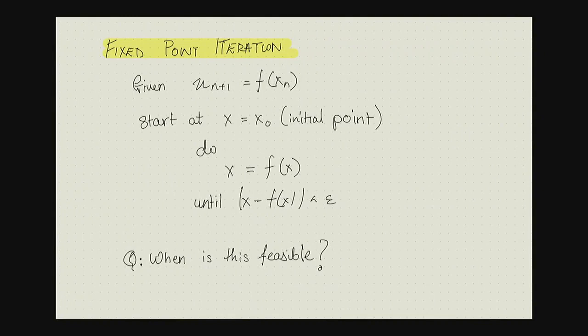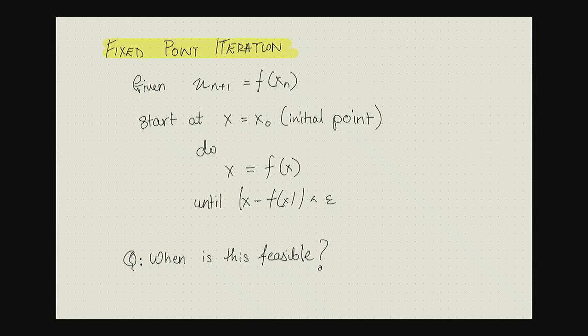How many of you have seen fixed point iteration in any context before? Okay, so let's talk about what this is and why it's useful. Given x equals f of x, which is a recursion over x, the fixed point iteration algorithm says you start at some initial point x equals x naught.